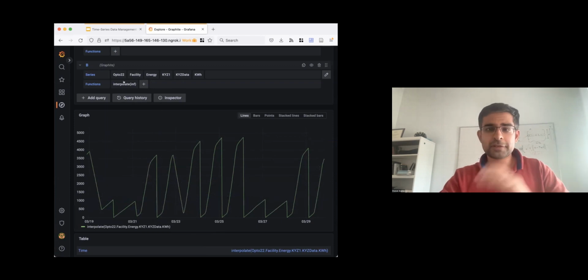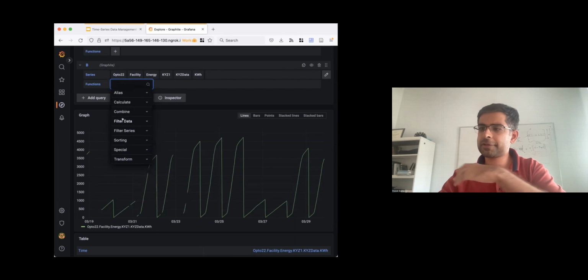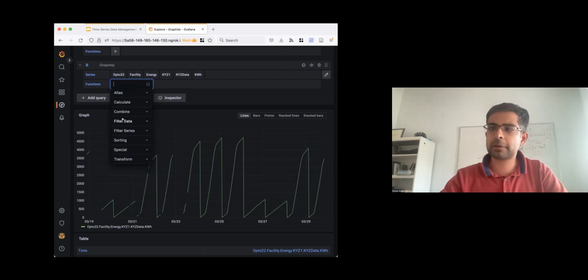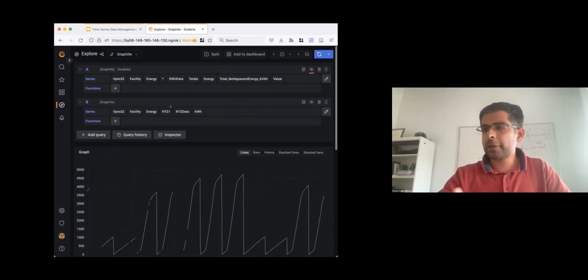There are many other functions which you can use for filtering data, for doing exponential moving averages, and a huge number of things that are very common in this sort of time series data analysis. You can do this in a built-in manner. Right? There are also some other interesting things that you can do.